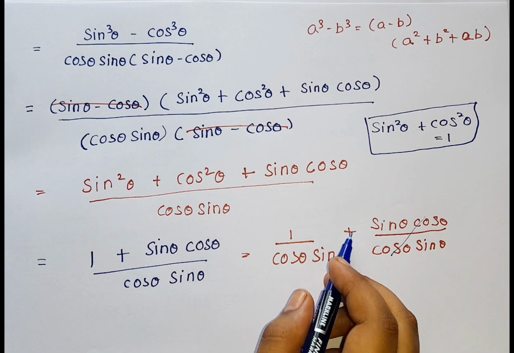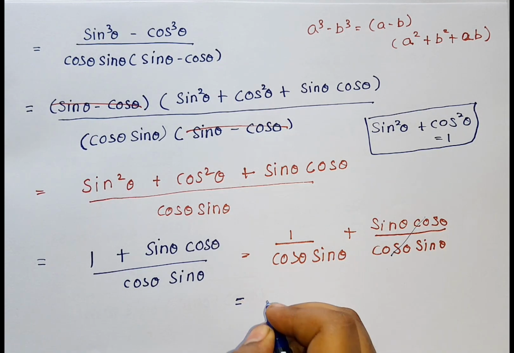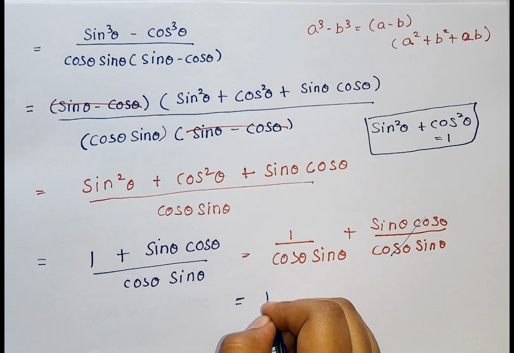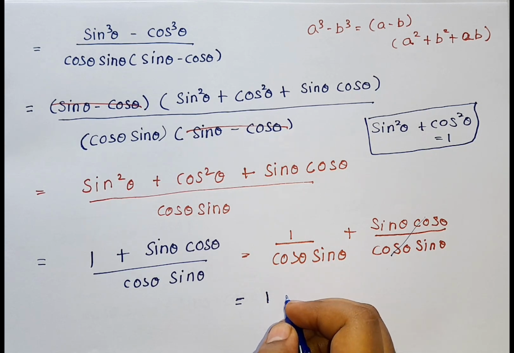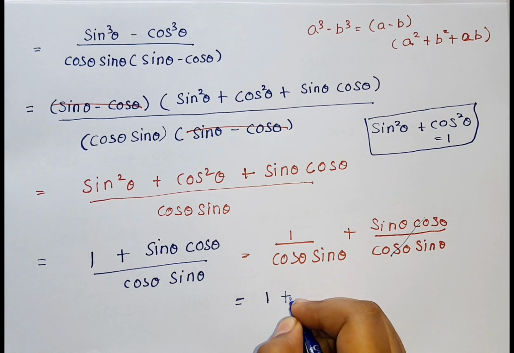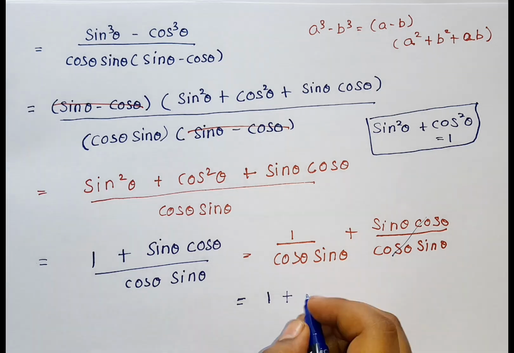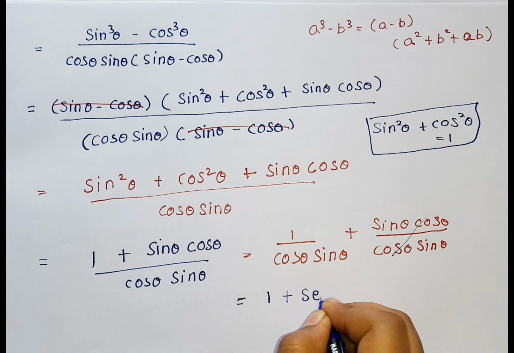The plus is also important, because signs are really important. So here 1 as it is, and then plus, the reciprocal of cos theta, 1 by cos theta, is secant theta.